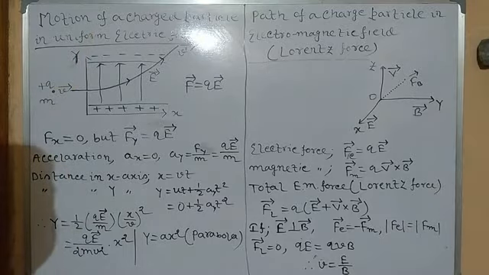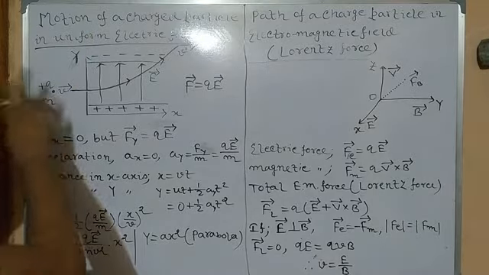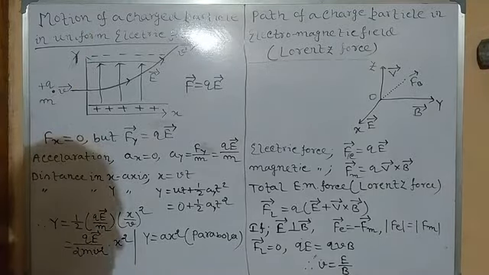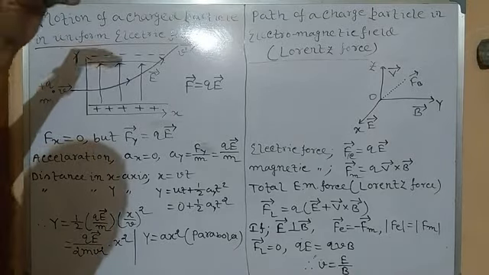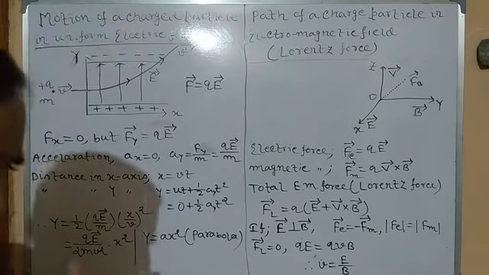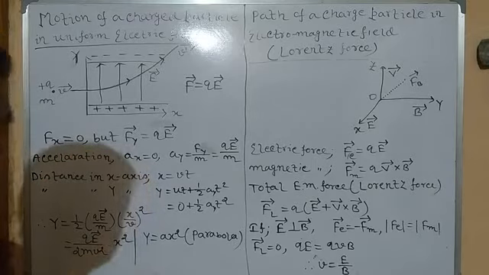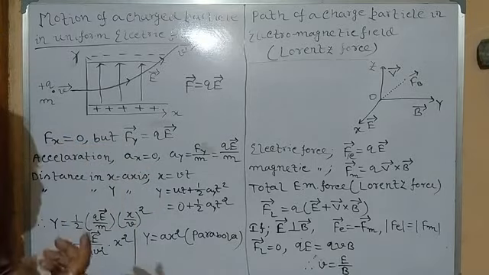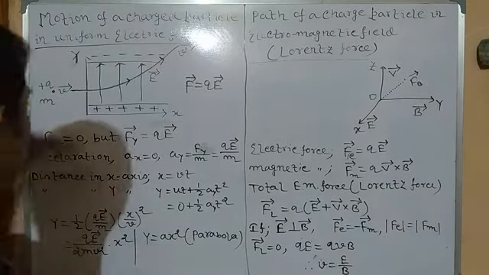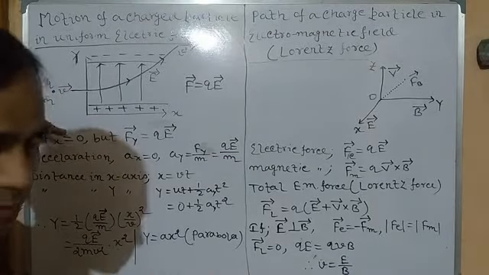One concept is very clear: the particle is positively charged and the upper plate is negatively charged, and we all know that opposite charges attract. This is one simple concept.